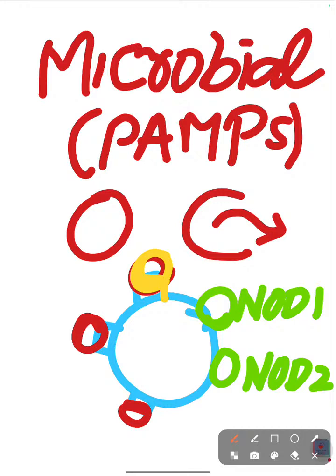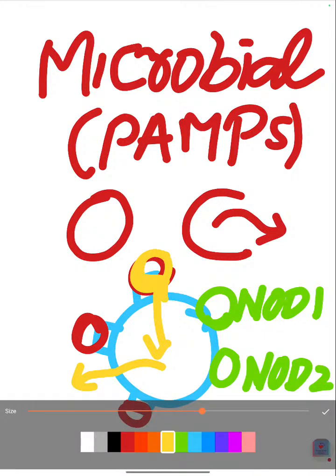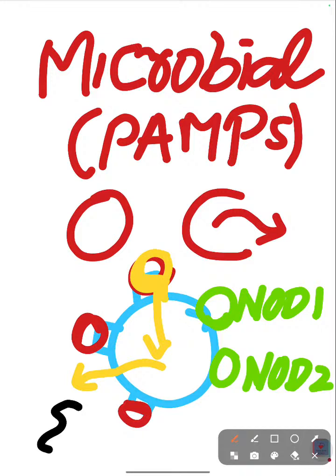They transduce the recognition signal to the interior of the cell, and will release pro-inflammatory products from these monocytes.